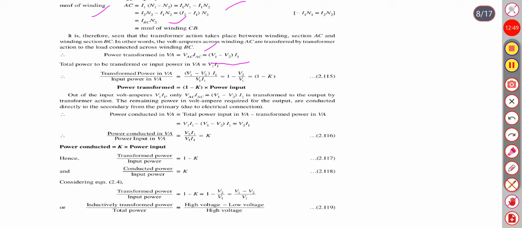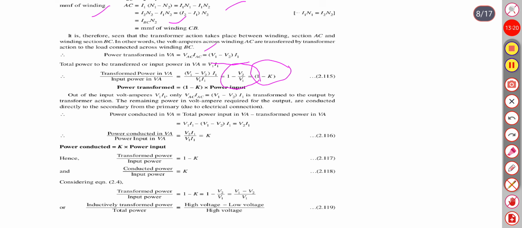Transferred power divided by input power equals 1 minus V2 by V1, so power transferred equals 1 minus K. Out of the input volt ampere V1 I1, only VAC and IAC, that is V1 minus V2 into I1, is transferred to the output by transformer action.